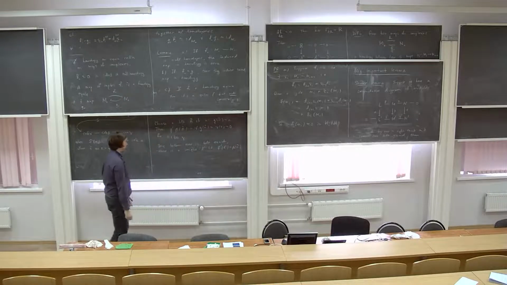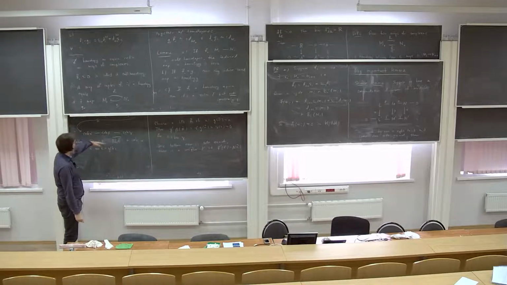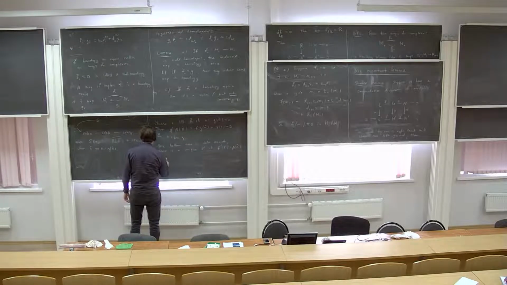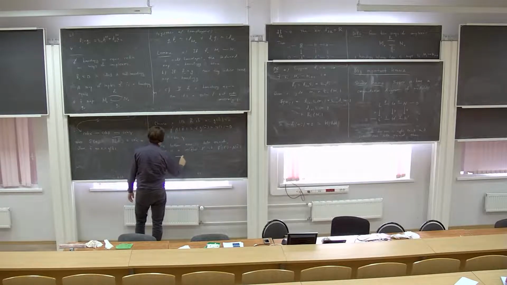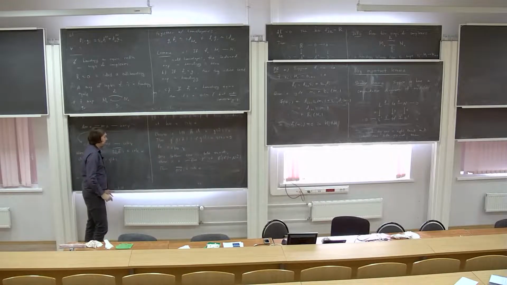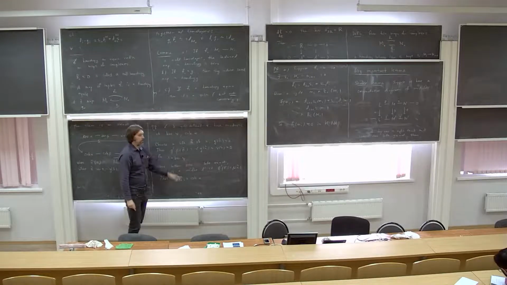And so it makes sense to consider the reduction modulo the image of alpha. There's still something to check, which is that I made a choice. I chose a lift.